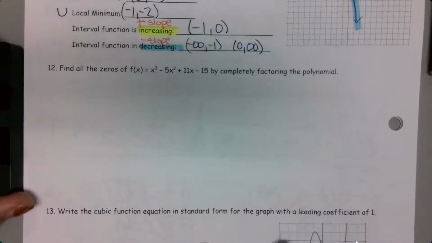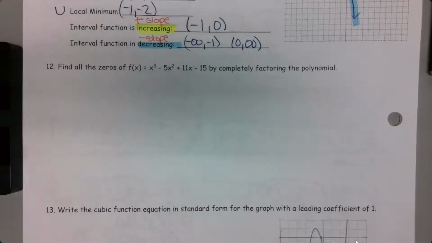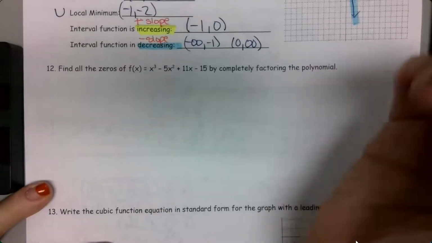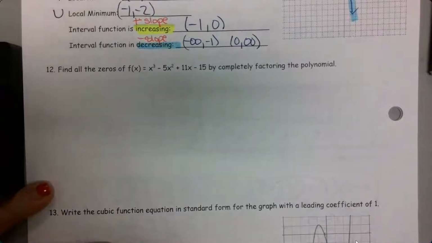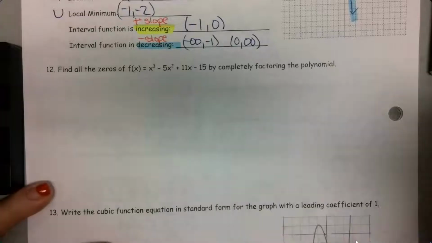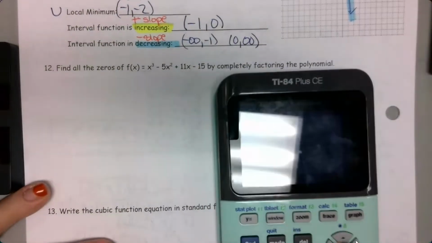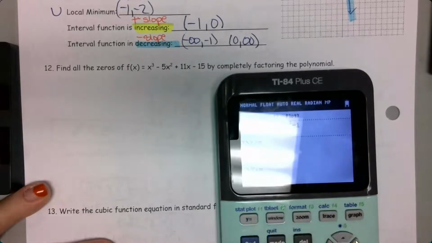Number 12 wants me to find all of the zeros of this function by factoring the polynomial. I can't factor it as it is, so I'm going to start off by graphing it.